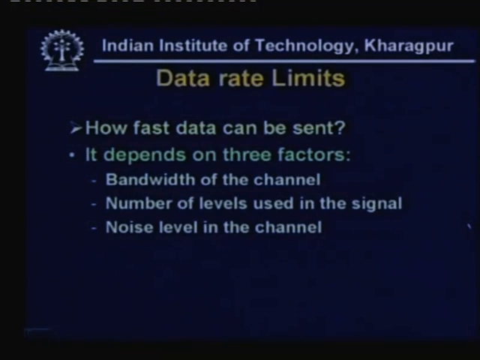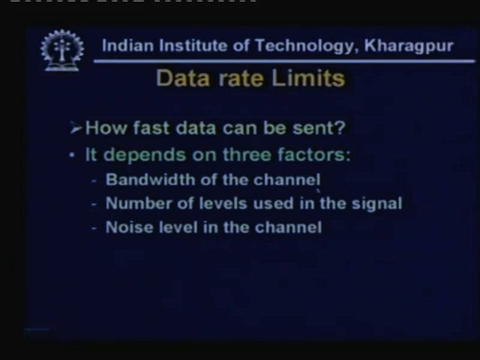Now as we know, we are interested in sending data through a medium, and we want to send it as fast as possible, or in other words, at a high speed. Obviously we want the maximal possible speed, but at what speed we can send will depend on several parameters of the medium.